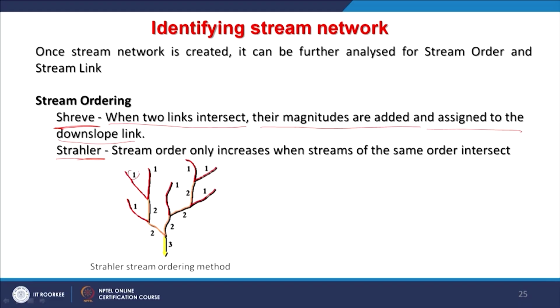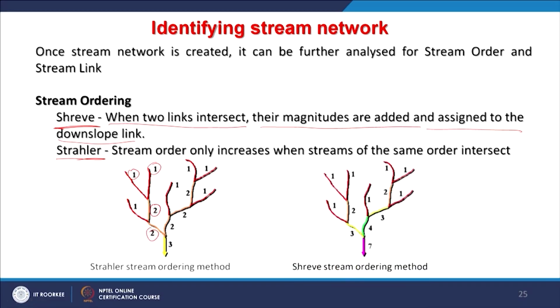So, order 1, first order, when these two add up, it becomes second order. When second order and first order meet, it becomes third order. This is the Shreve method, the first one.